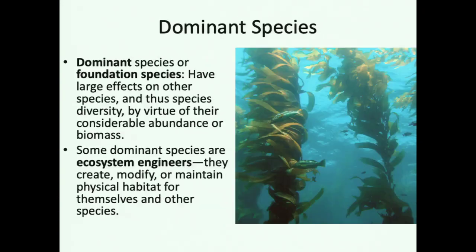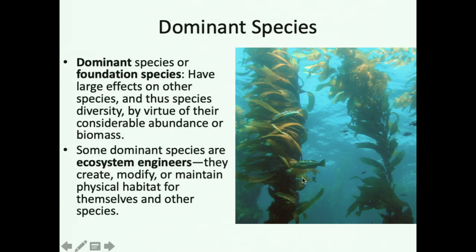Okay, so this really gets us into thinking about specific species and how specific species might play specific roles. Now, one thing is that some species are going to be more abundant than others. We call these dominant species. So dominant species are organisms that are in large quantity and by virtue of their abundance provide a large role.